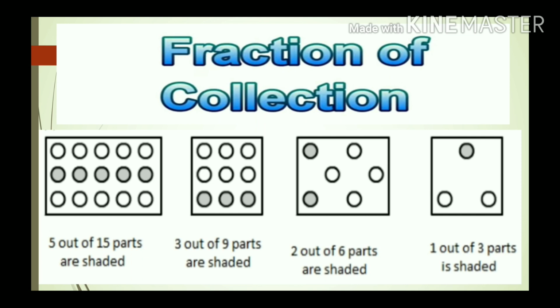In the second one, the total number of balls is 9, and out of them 3 are shaded, so 3 out of 9 parts are shaded. In the next one, 6 balls are given, and out of 6 balls 2 balls are shaded, so 2 out of 6 parts are shaded. And in the last one, 3 balls are given, and out of 3, 1 ball is shaded, so 1 out of 3 parts is shaded.